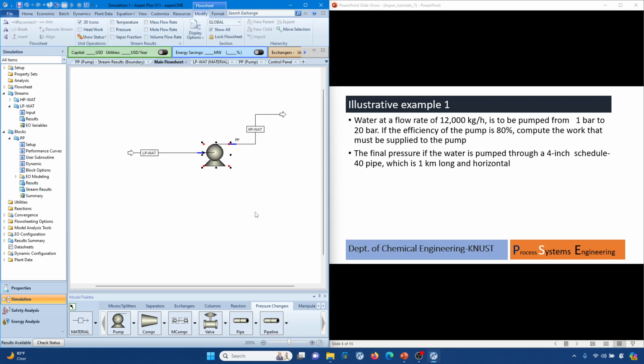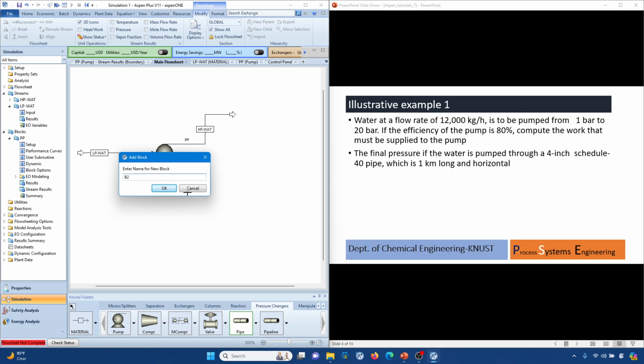The next thing is to add a pipe to our simulation. Find the final pressure if the water is pumped through a 4-inch Schedule 40 pipe, which is 1 kilometer long, horizontal. So there is a pipe here. If you have a single pipe, you choose pipe.